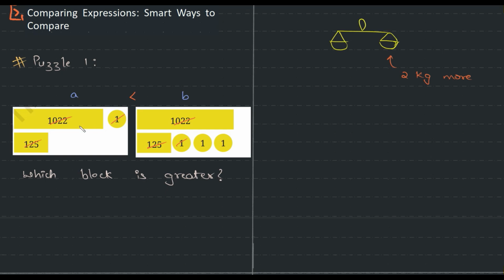We just cancel things around. We could make out that 1022 and 1022 will balance each other out, right? Similarly, we balanced out stuff and saw if any side has anything extra. Whichever side has extra wins, or that side has more weight.